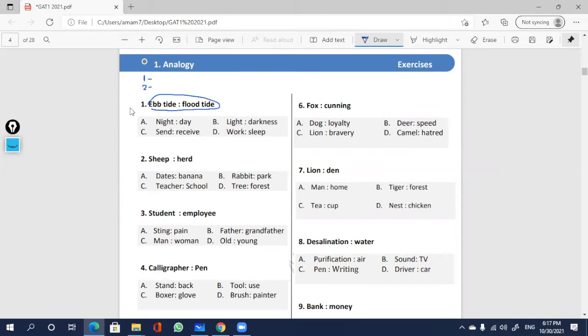Then number two, I want you to eliminate according to the relationship which is given in the question. Number three, if you have more than one correct answer, I want you to compare the remaining choices and try to identify the similarities and the differences. According to that, you will be able to choose the best answer.